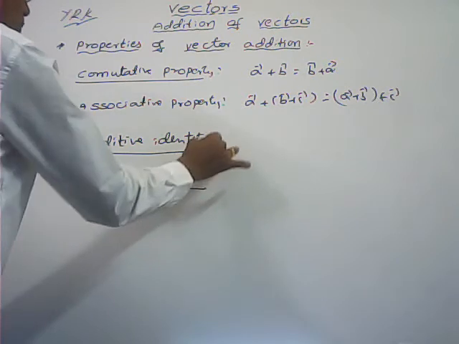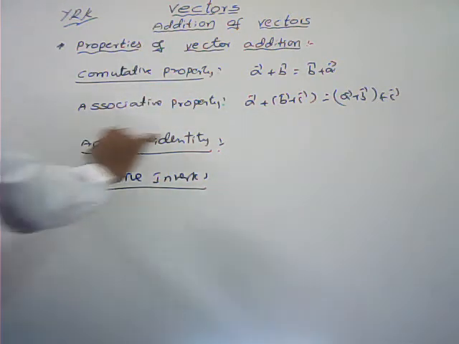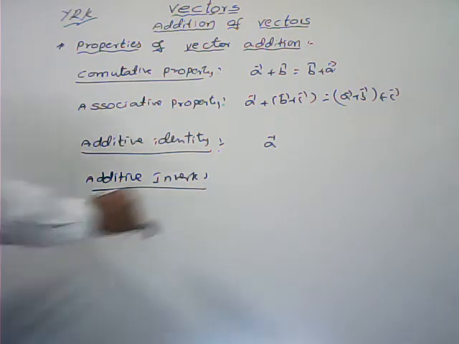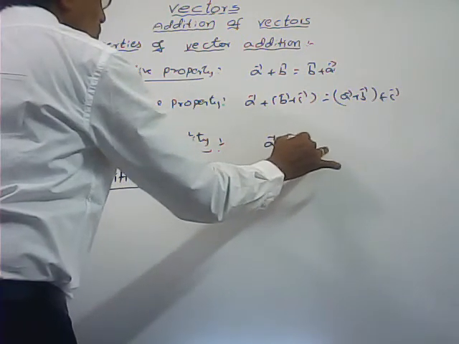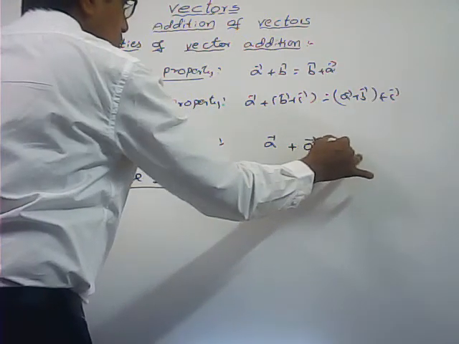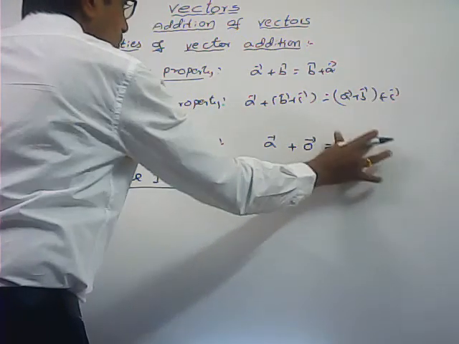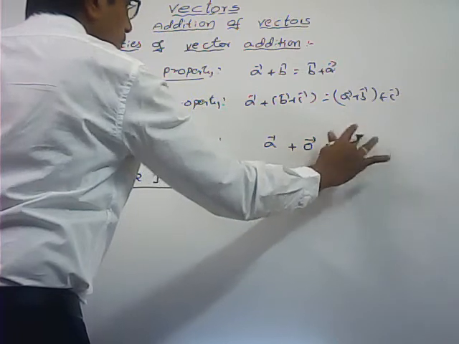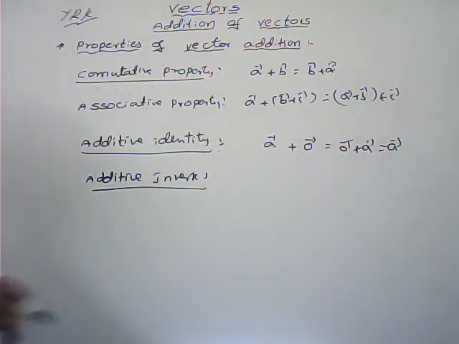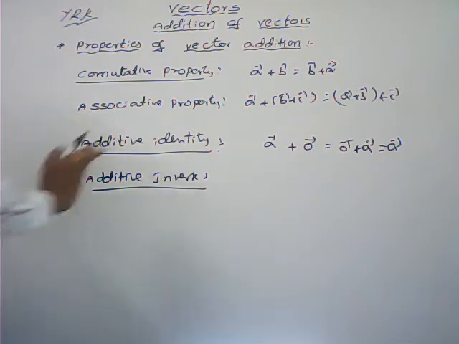Additive identity. What is the additive identity? For any vector a bar, there exists a vector 0 bar such that a bar plus 0 bar is equal to 0 bar plus a bar, which is equal to a bar. So 0 bar we say is the additive identity in the addition of vectors.